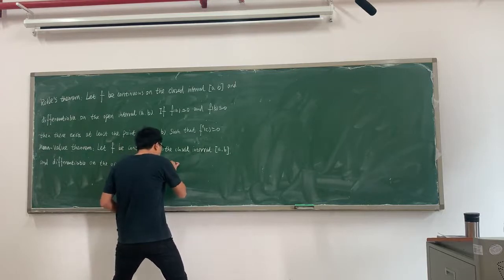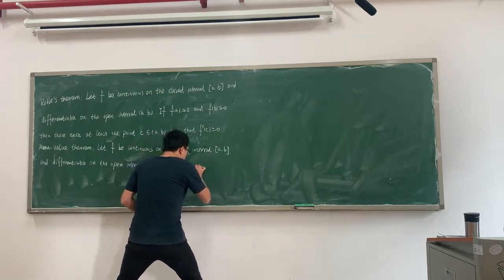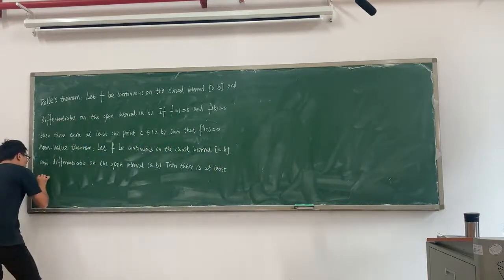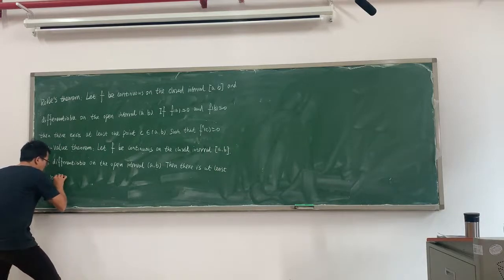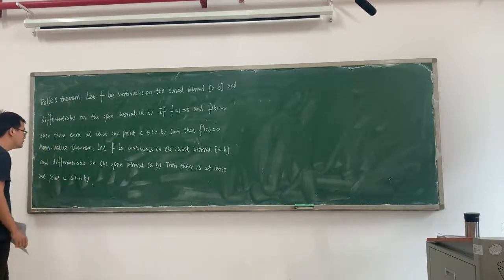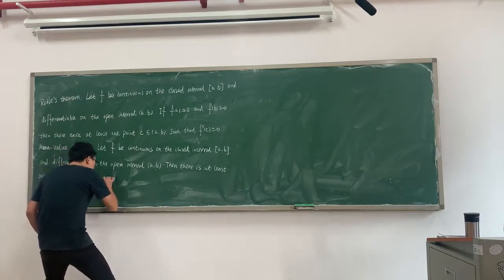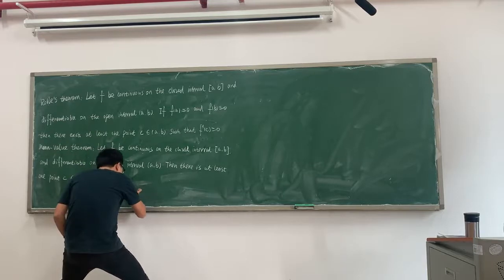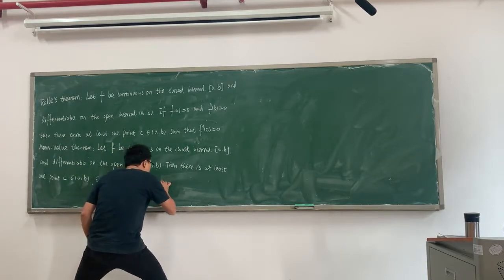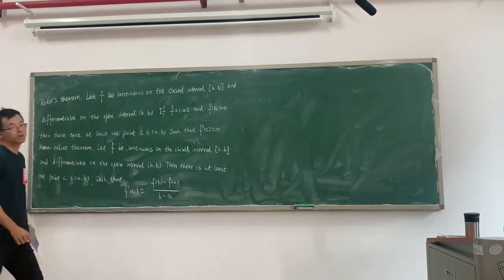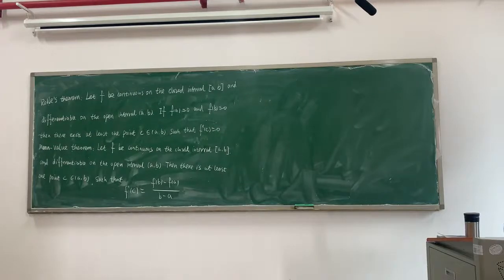Then there is at least one point c belonging to the open interval (a, b) such that f prime(c) equal to (f(b) minus f(a)) divided by (b minus a), okay? So the first is Rolle's theorem, the second is the mean value theorem.